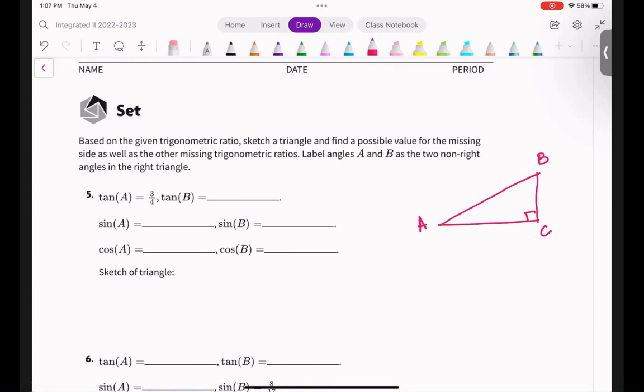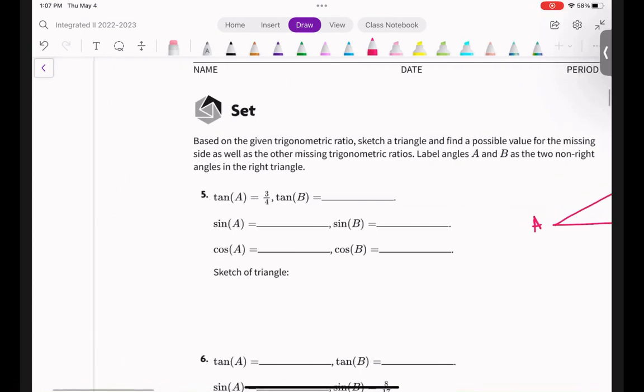Good. It's opposite over adjacent. So some of you are thinking TOA, and you said tangent of A equals opposite over adjacent. So then that means this guy is my opposite side, and this guy is my adjacent side.